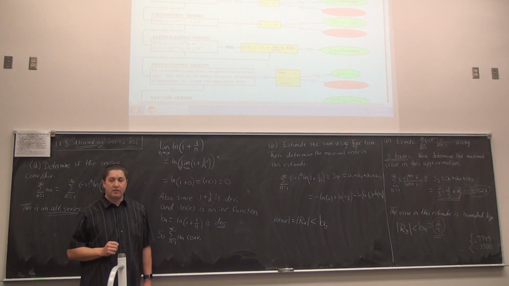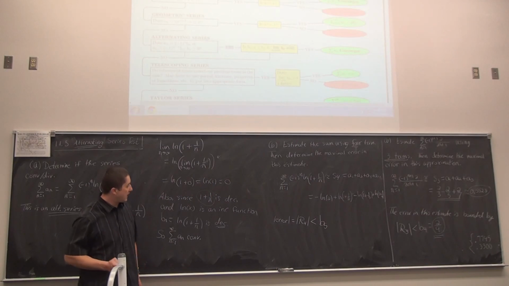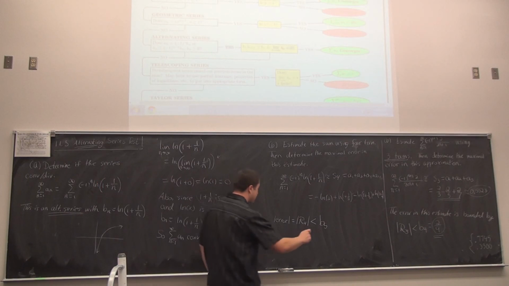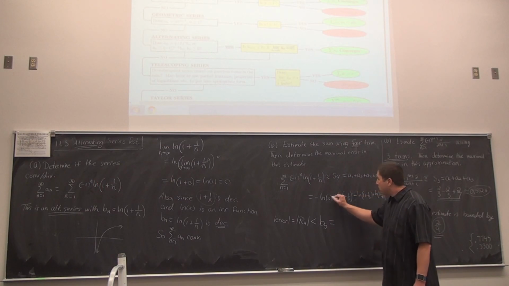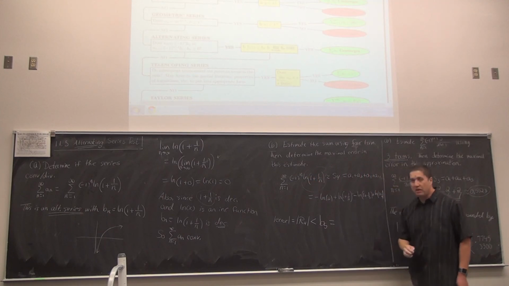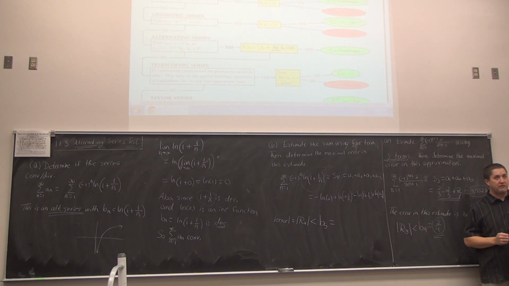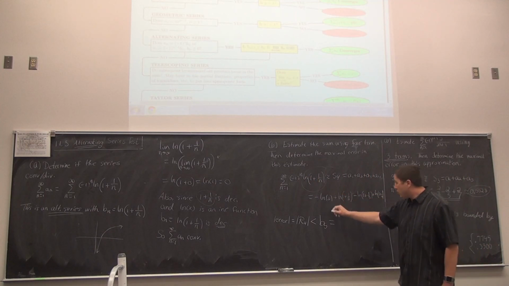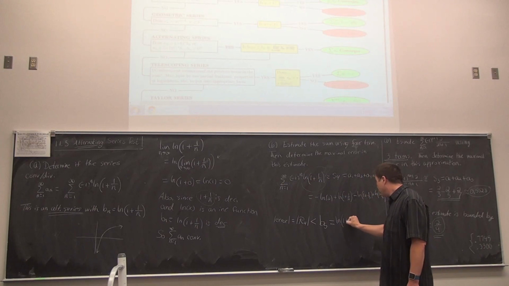And as soon as you write down what is exactly B5, we have completed the maximal error estimate. So this is going to be, remember B refers to just the positive stuff, so it cannot possibly be negative, even if we chose B5. So that would be natural log of 1 plus 1/5.